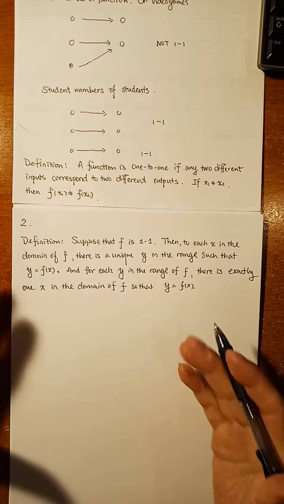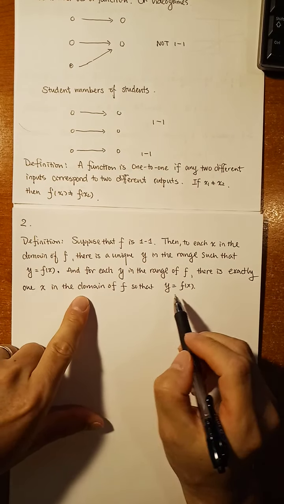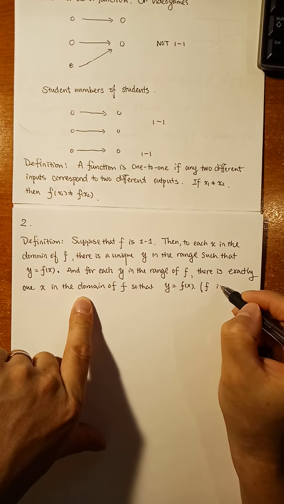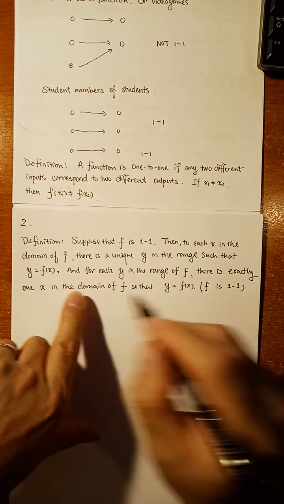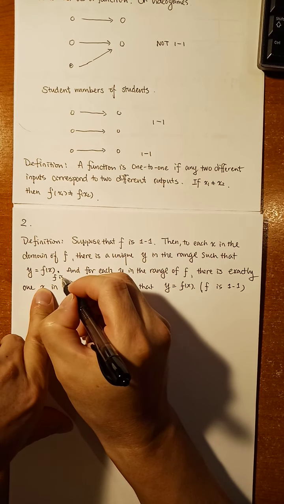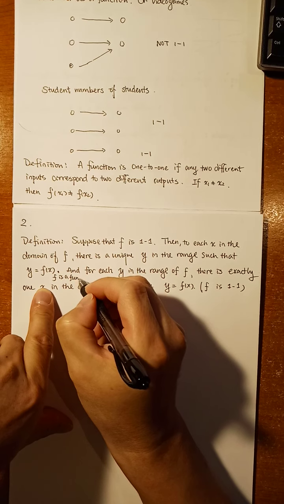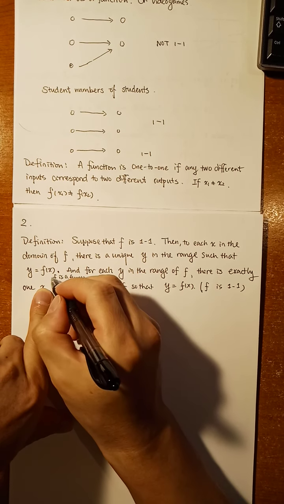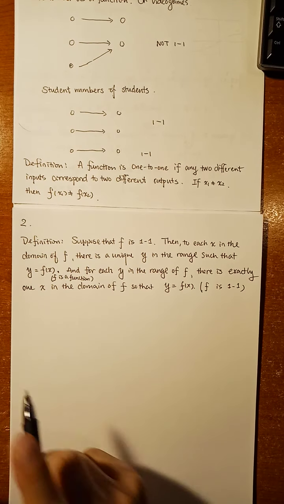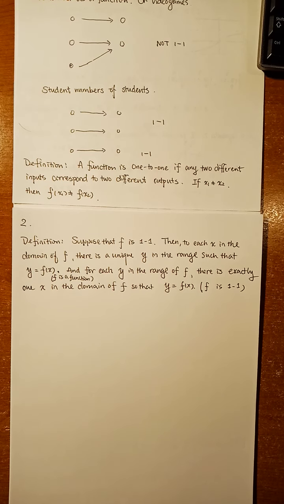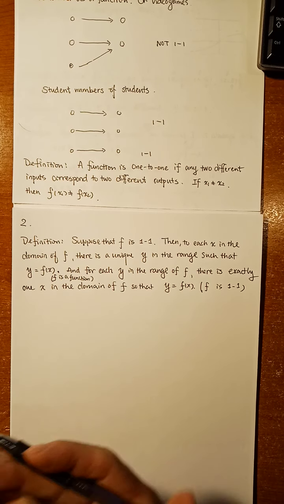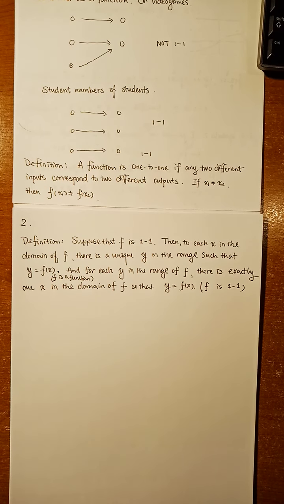That's just another way to say it, because in this step we use that f is one-to-one. Up to this point, f is a function. So from x to y, that's always a function. But if you want to go back, you need an additional condition, the one-to-one condition.